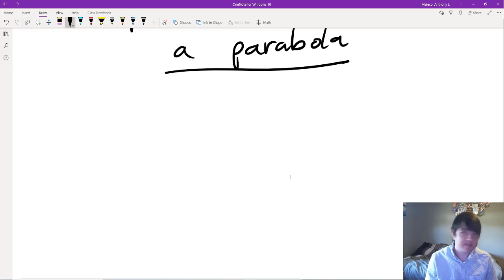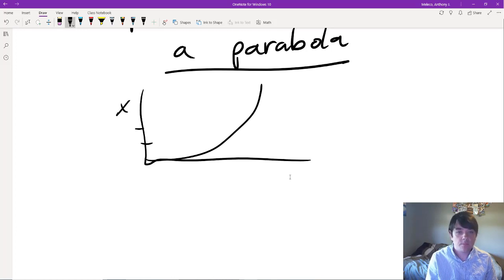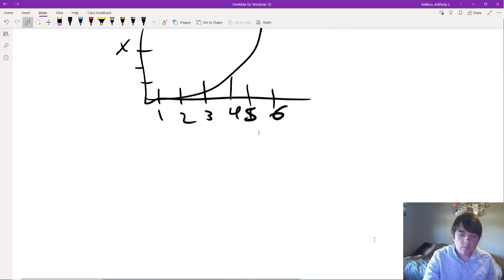For every passing second, we change our position more and more. So here's a 1 second interval: 1, 2, 3, 4, 5, 6. Between 5 and 6, we're changing our position a lot, versus 4 and 5 we're changing less, 3 and 4 less. So that's what a parabola means.